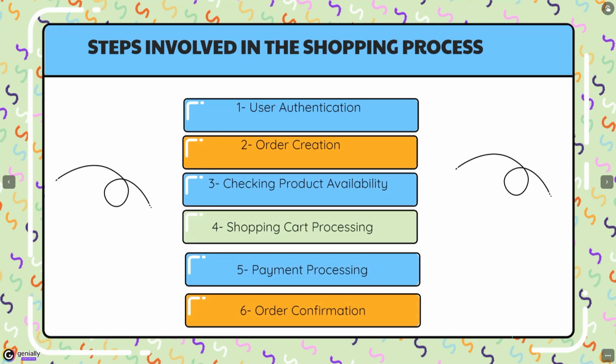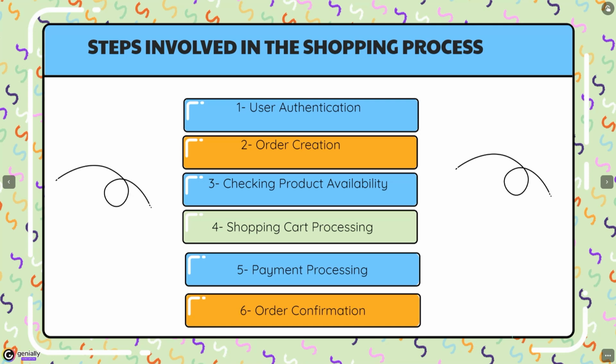So there are some steps involved in the shopping process. First, user authentication. The API gateway routes the login request to the user service. After successful authentication, the user service returns a token. Next, order creation.